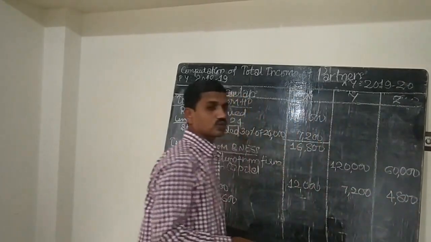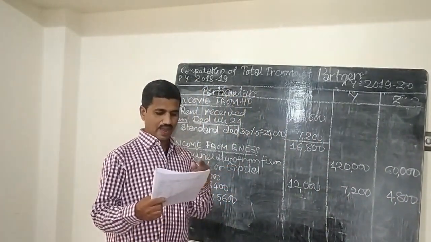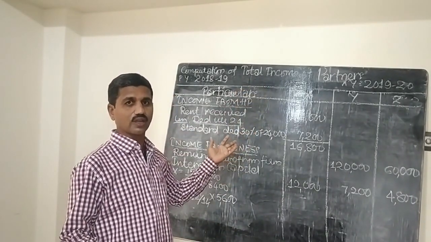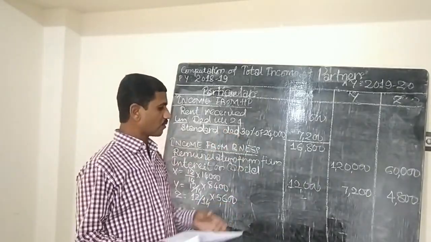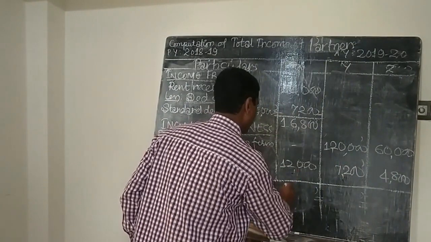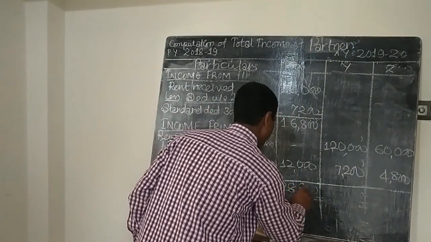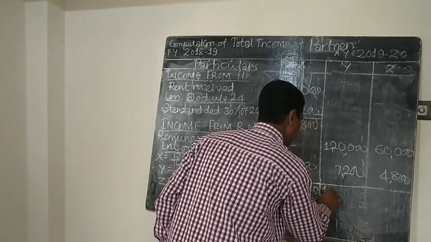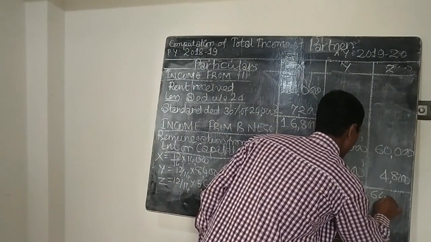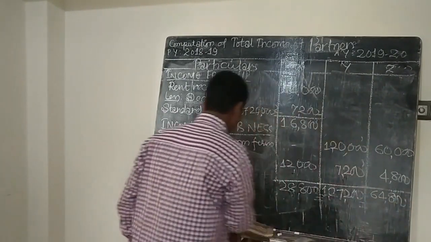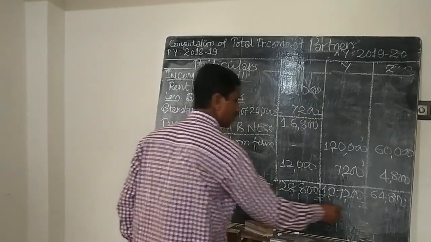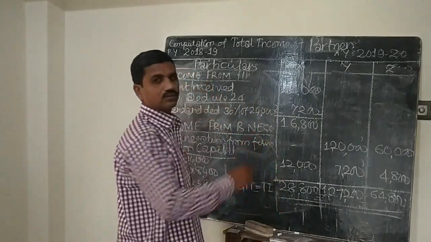Or else what you can also do is take how much is actually allowed of 14,000 minus the disallowed amount which we have calculated during the computation of income from business of the firm, to arrive at these figures here. So now let us take the total. Here it is 28,800. Here it is 1,27,200. Then it is 64,800. So this is GTI. This itself is equal to total income. Thank you.